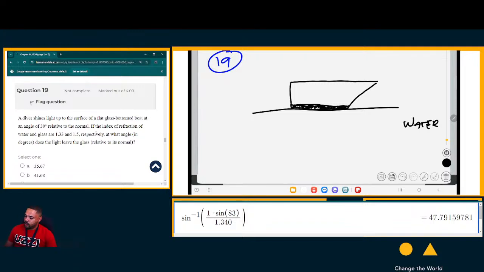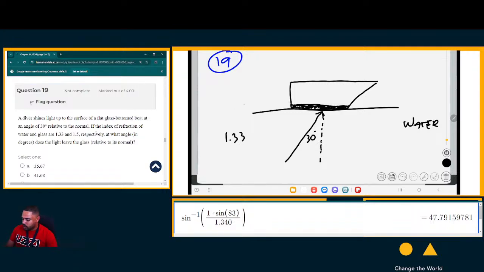And this diver shines light at an angle of 30 degrees. If the index of refraction for water and glass are, for water, 1.33, and for glass, 1.5.